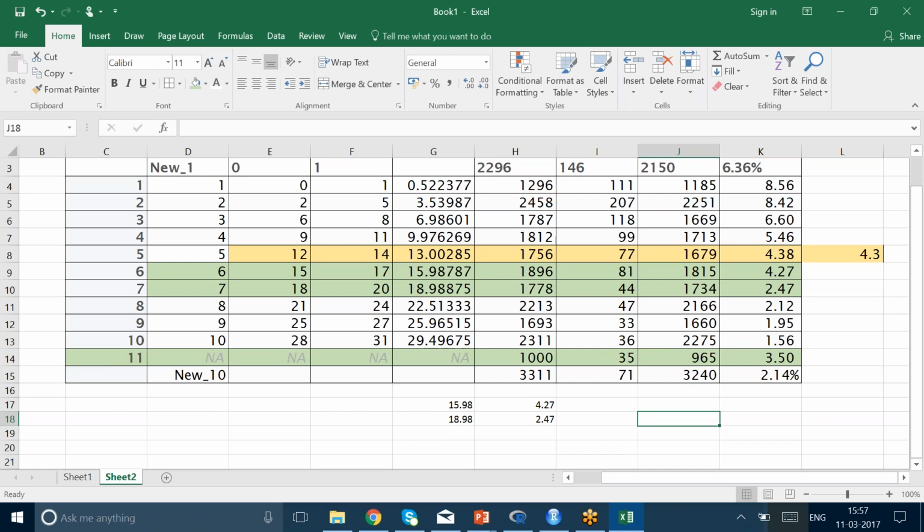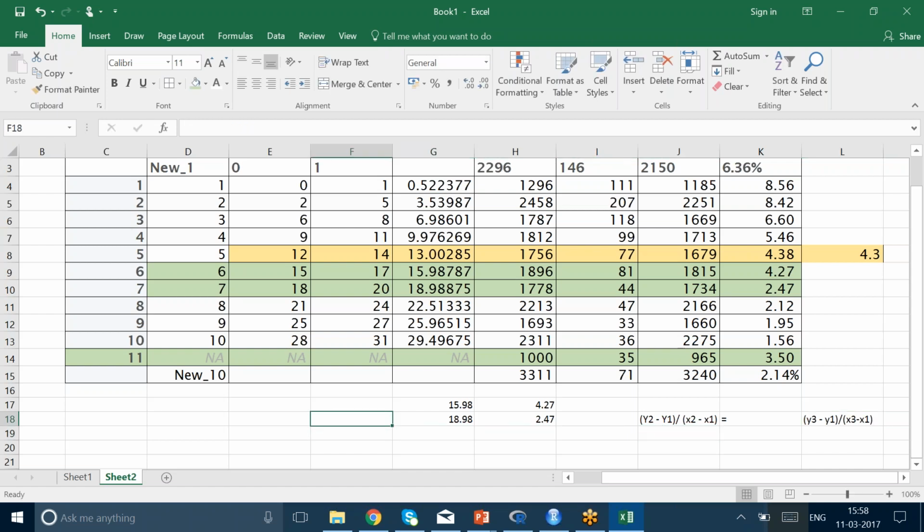I can have this equation, if you recollect, y2 minus y1 divided by x2 minus x1 is equal to y3 minus y1 divided by x3 minus x1.